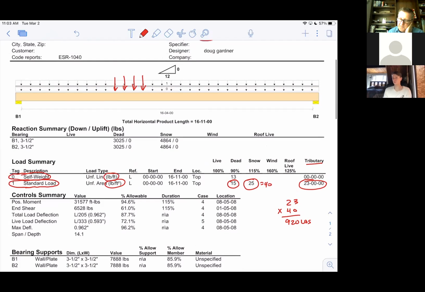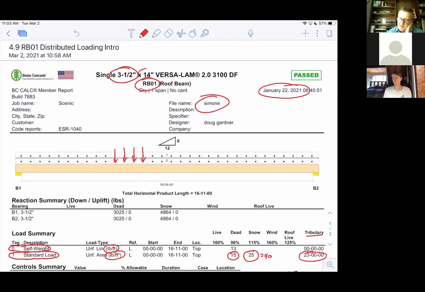And the particular beam that I chose for this, a 3.5 inch by 14 inch Versalam, which means 3.5 across the bottom and 14 inches tall. So the beam kind of looks like that. That particular beam weighs apparently 13 pounds per lineal foot. So there's a foot of it that weighs 13 pounds. There's another foot of it that weighs 13 pounds. That's what that's saying.